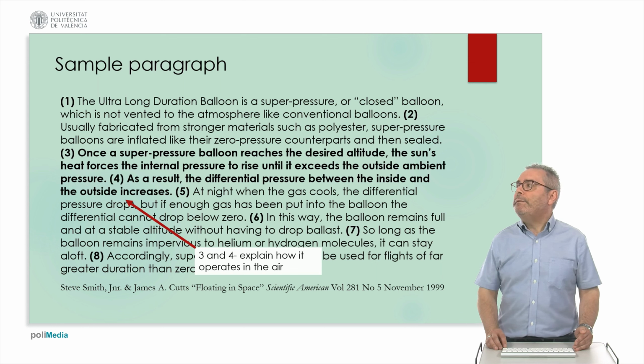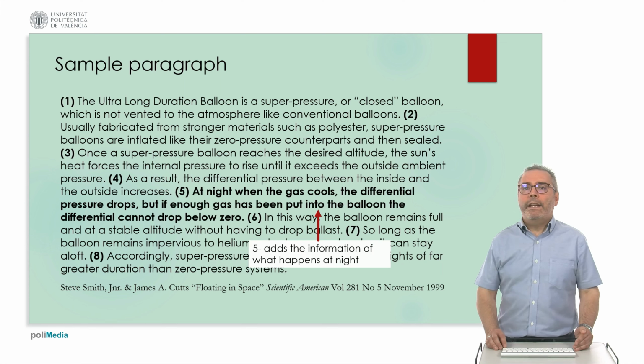"Once the superpressure balloon reaches the desired altitude, the sun's heat forces the internal pressure to rise until it exceeds the outside ambient pressure. As a result, the differential pressure between the inside and the outside increases."